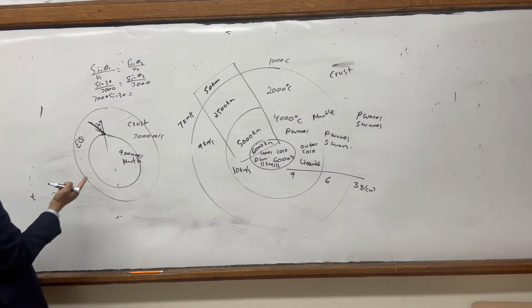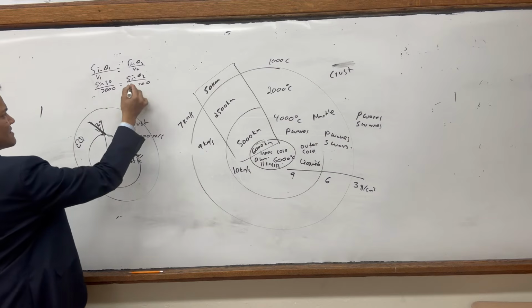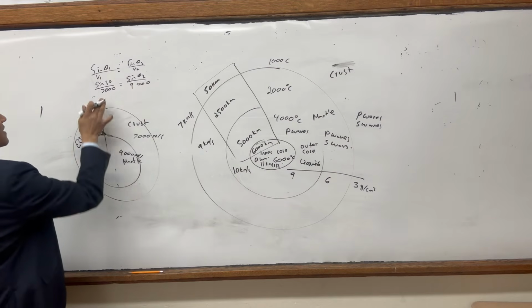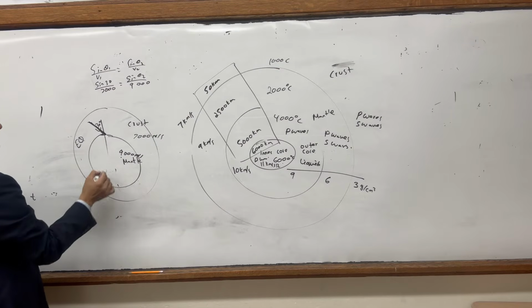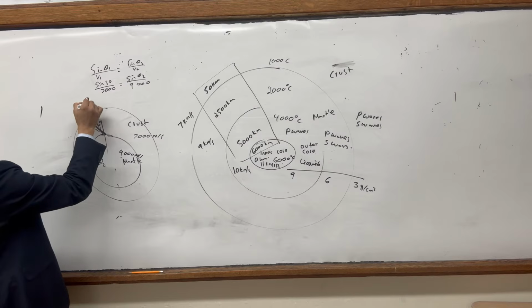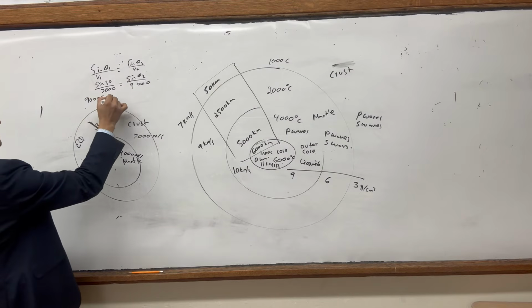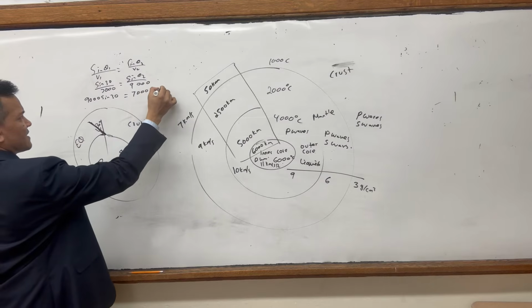Okay, my 7 and 9 look the same. This is 9, this is 7. So 9,000 sine 30 is equal to 7,000 sine theta 2.